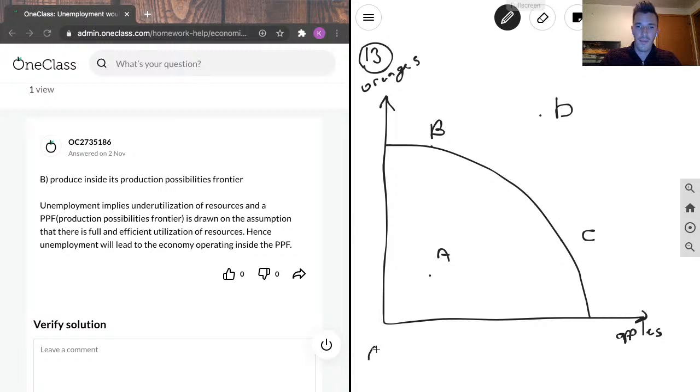So at point A, inside the PPF, we can say that the combination of goods at point A are attainable, but they are inefficient.